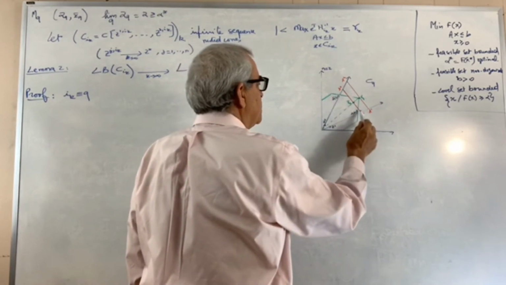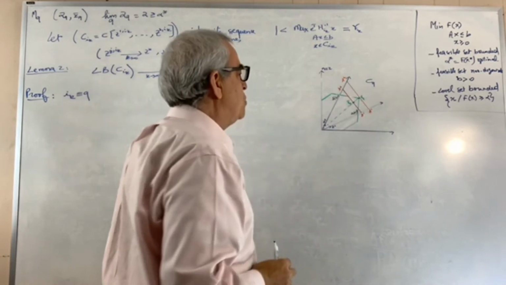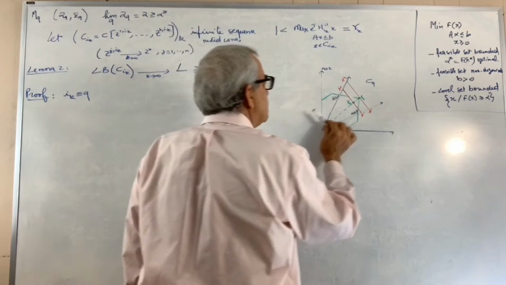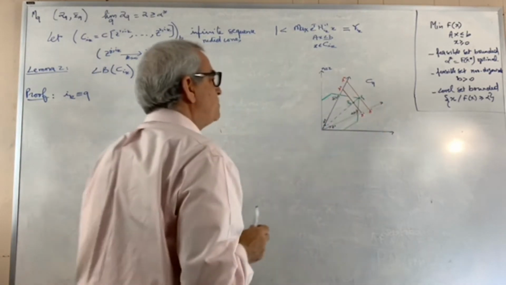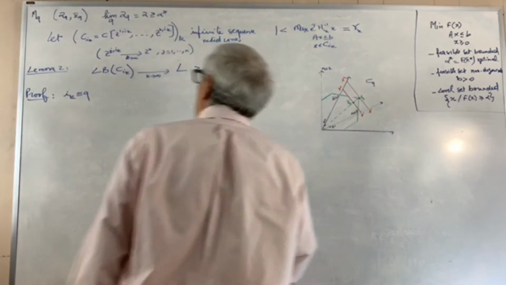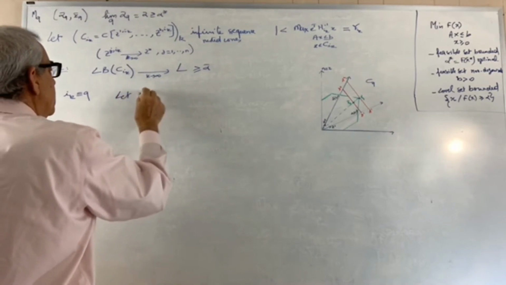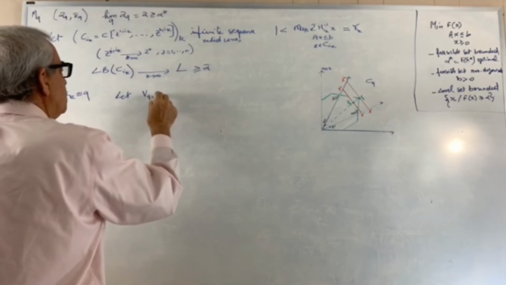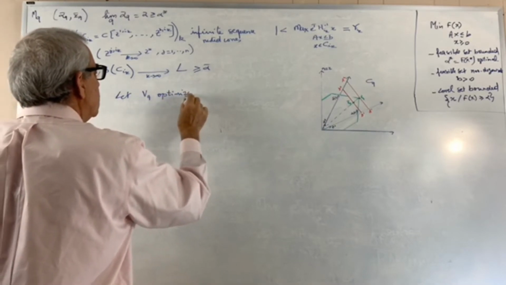Then we extend by alpha to y1, y2, and this first line is the Tuy hyperplane. Then we maximize over the feasible region, and we obtain this plane, and I'm calling this v_q. So let v_q be the optimizer of the LP.